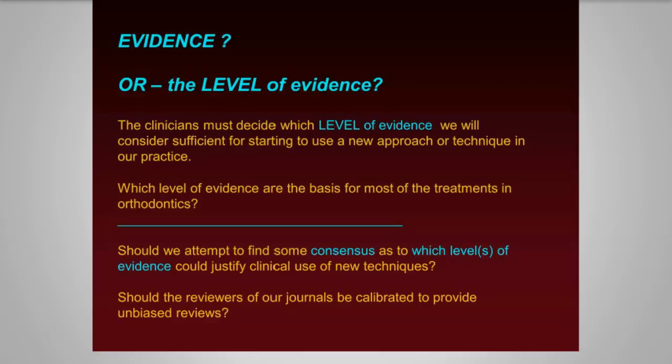So instead of saying, well, this is evidence-based treatment that I'm practicing in my practice or in our clinic, why don't you say, well, this is the level of evidence that I need and I like to have in order to start using a certain procedure. Each of us clinicians must decide which level of evidence we will consider sufficient for starting to use a new approach or technique in our practice.